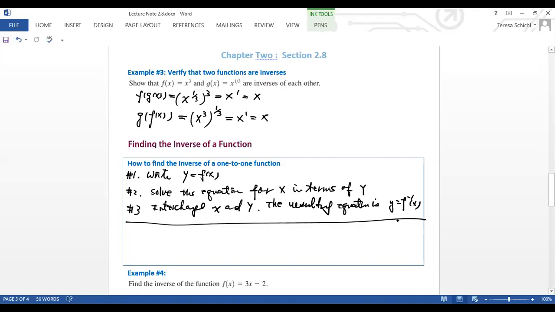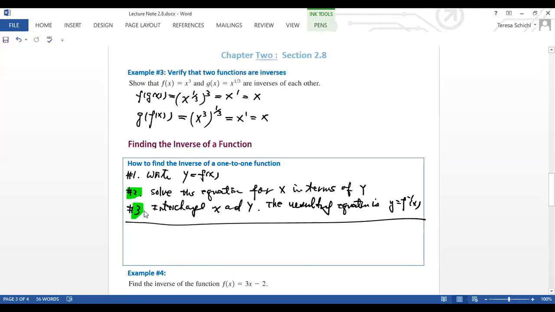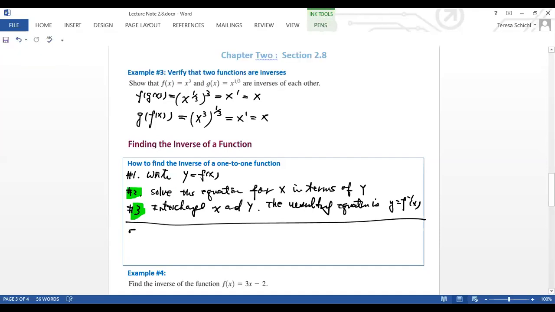So some teachers can switch step number 2 and step number 3. Some teachers will say that before you even solve the equation, you interchange the x and the y first in step number 2.